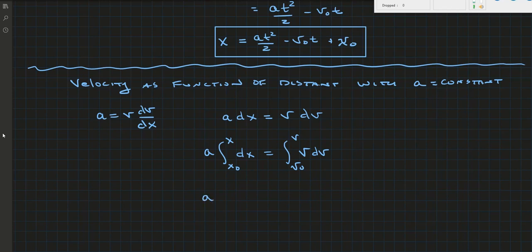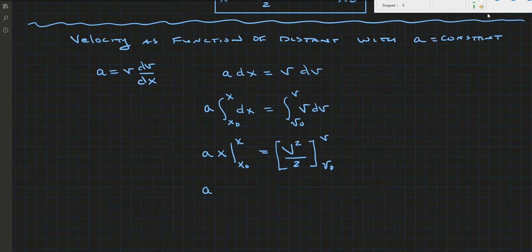So we get a x evaluated from x0 to x equals v squared over 2 evaluated from v0 to v.